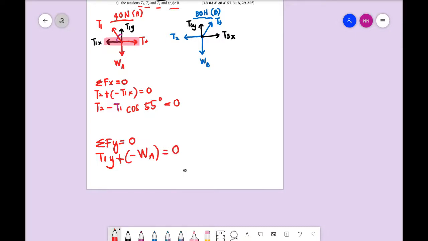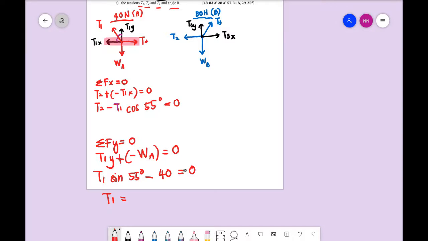So T1Y is T1 sine 55 degree minus weight 40 Newton equals to 0. Then you can simply get the value of T1 from this formula.